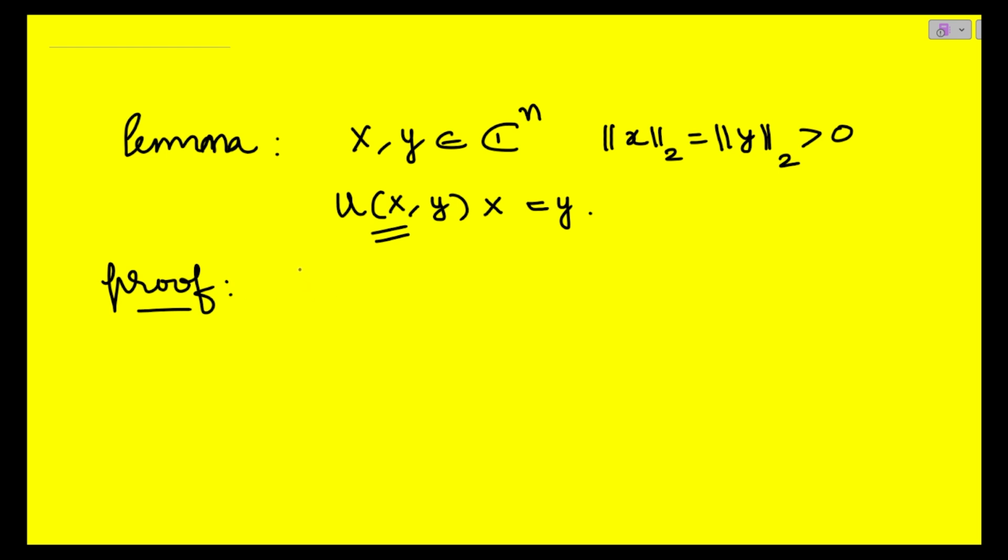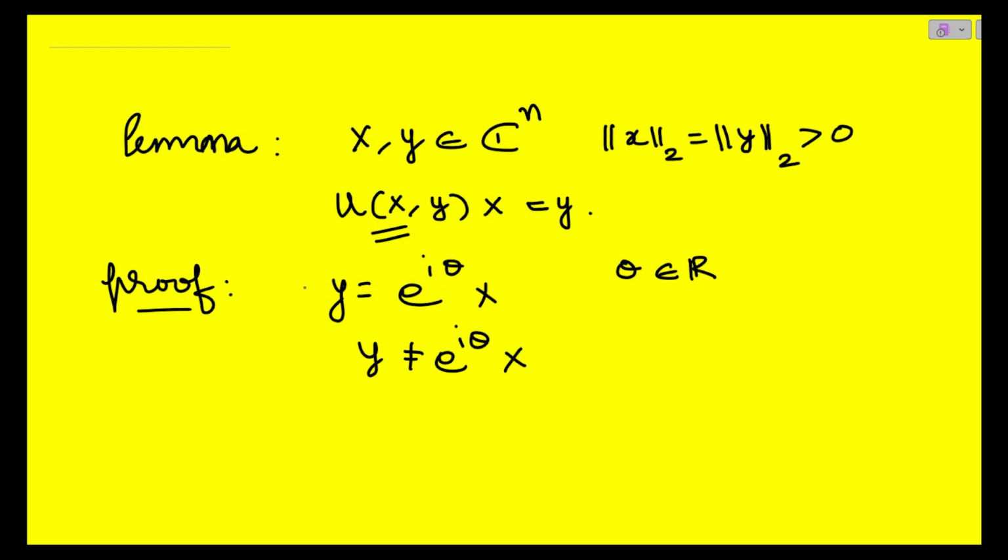Because these are two different vectors, either you can write y as e to the power i theta times x, where theta is some angle, a real number on the real line, or this does not happen: y cannot be written as e to the power i theta times x. Either one of them.